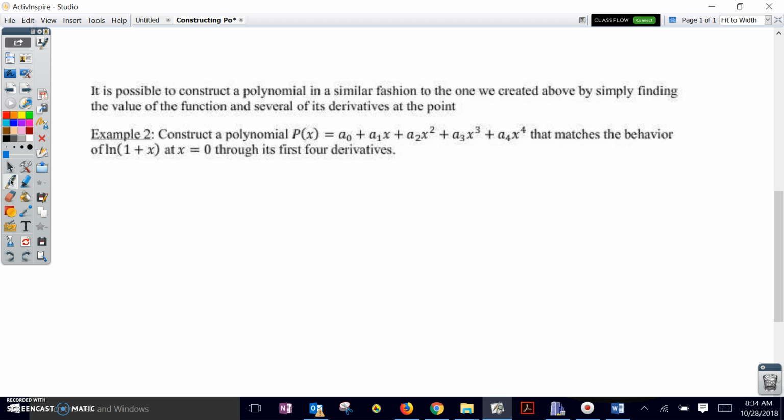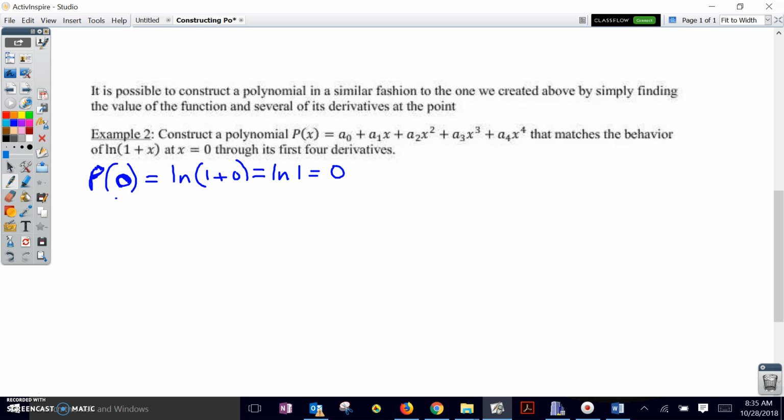So first of all, the value we want for the polynomial at 0 is the value of this function at 0. So it's the natural log of 1 plus 0. So we want the polynomial to have a value of 0. And then we need the derivatives of this function.